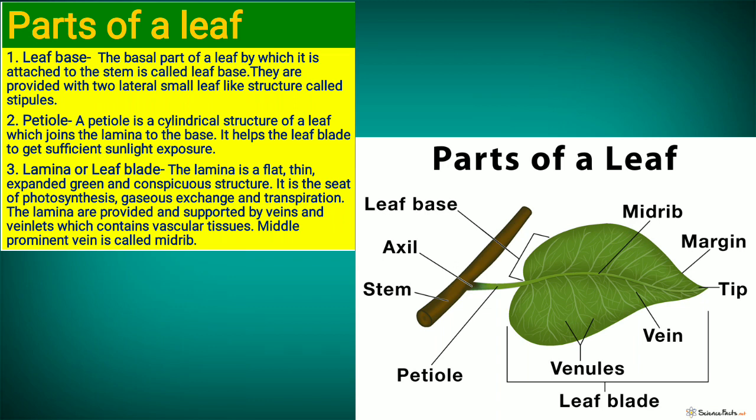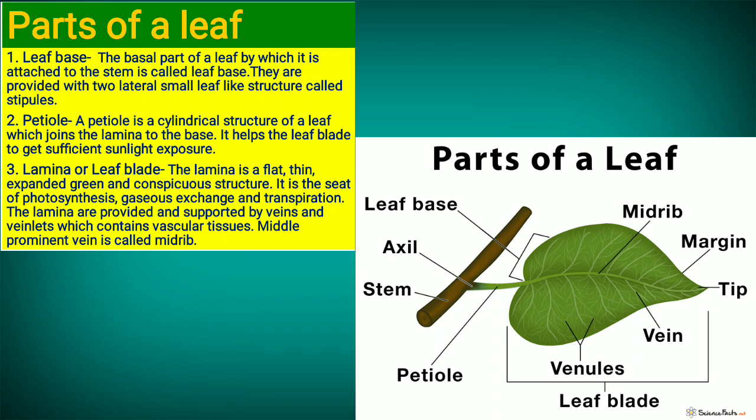Generally, this petiole, or in common words the stalk, exposes the leaf blade towards sunlight. Sometimes some leaves can also be sessile. That means they do not bear any petiole.